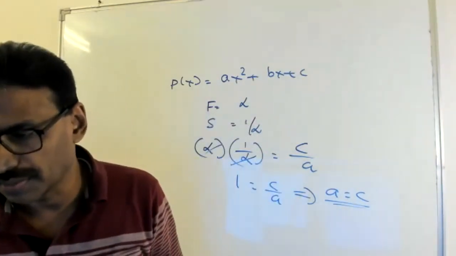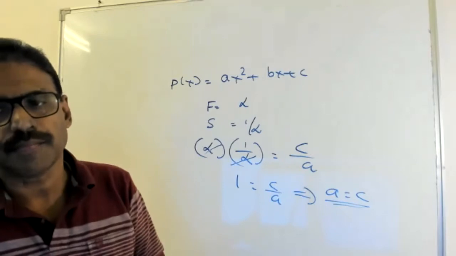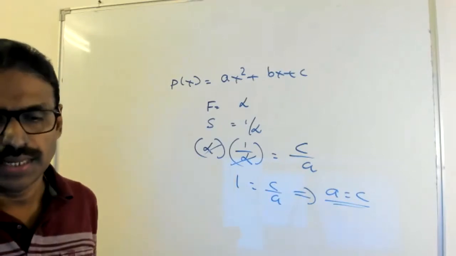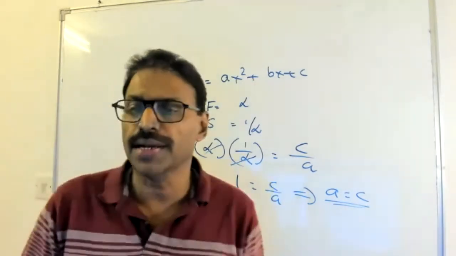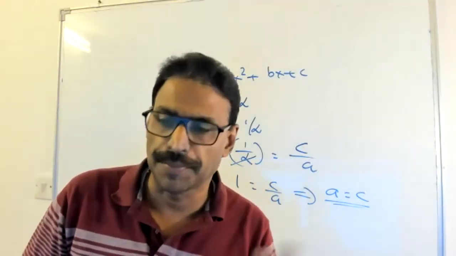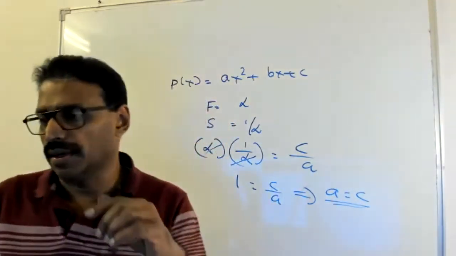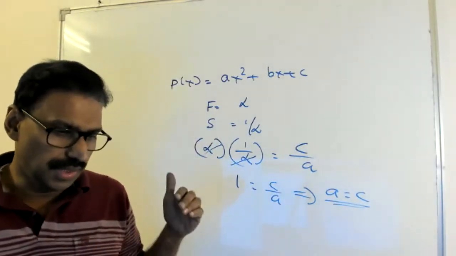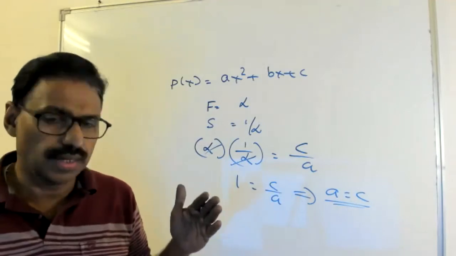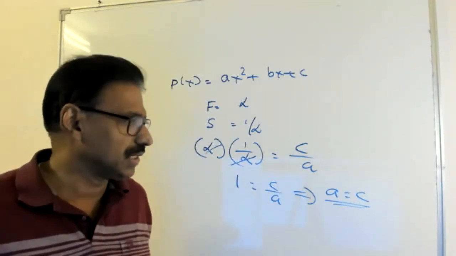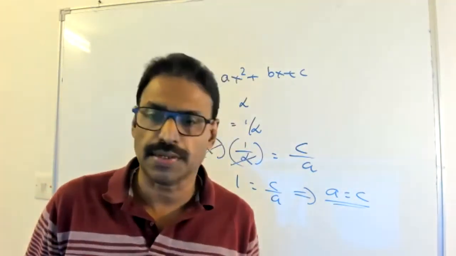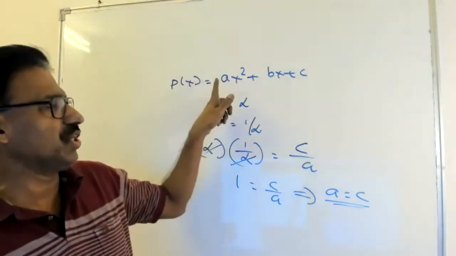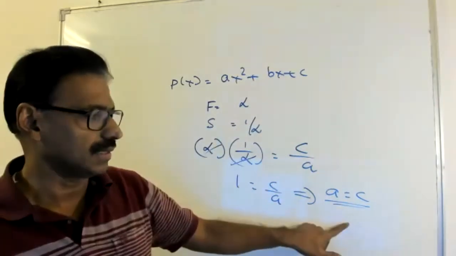Clear or not? Hello, are you okay? Listen. If the zeros are reciprocal, reciprocal means 1 and 1 by 1, 3 and 1 by 3, 4 and 1 by 4, like that. If the zeros are reciprocals, then the coefficient of x square and the constant term are the same.